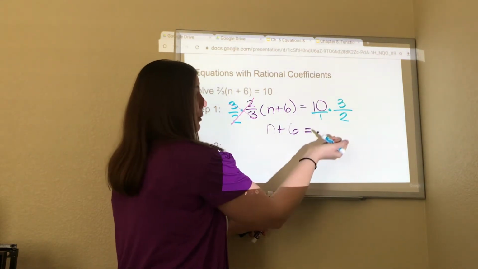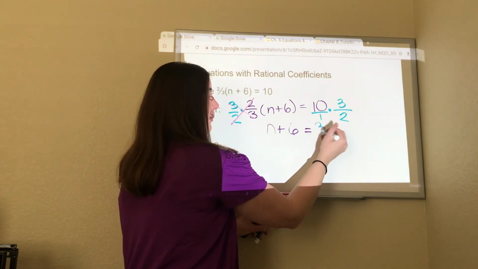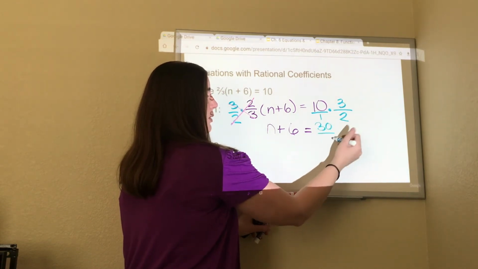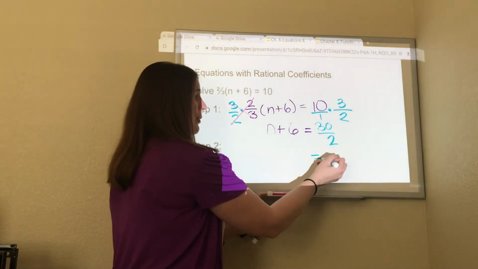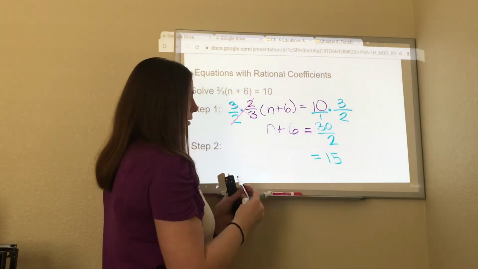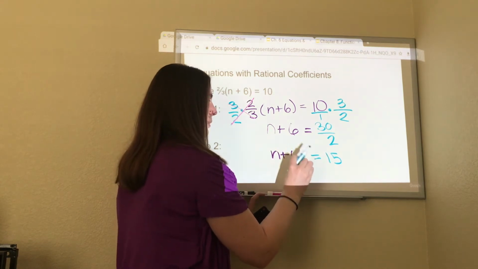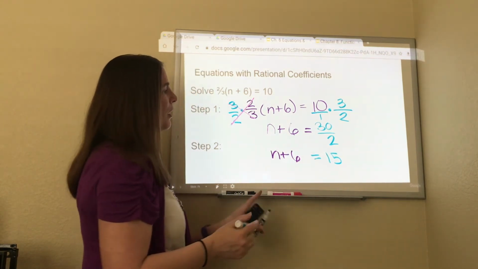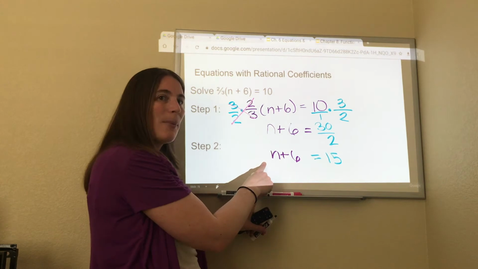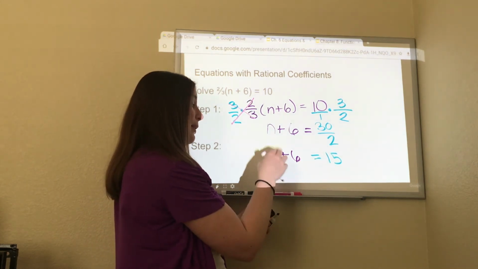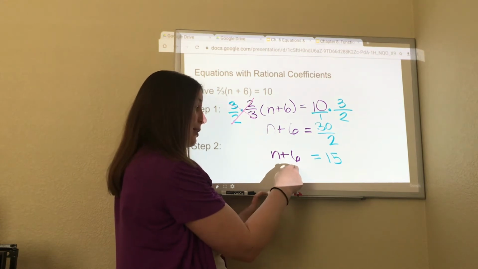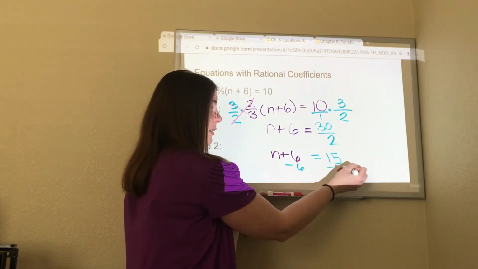But I'm going to go ahead and do 10 times 3 is 30. And then 1 times 2 is 2. So 30 divided by 2 is 15. I still have this n plus 6. Okay. So this was the 1 step. The second step is now I need to subtract the 6 on both sides.